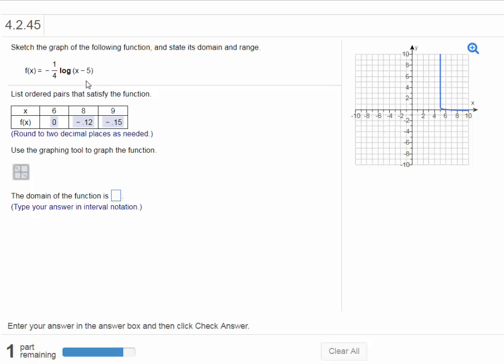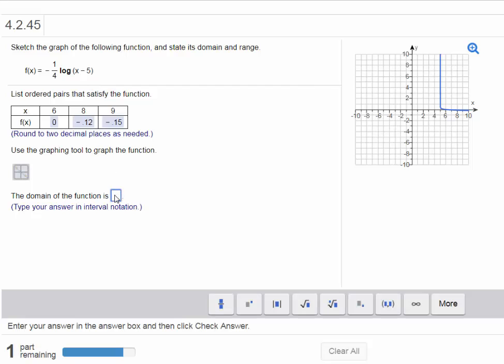So x minus 5 greater than 0 and then solve for x, I would get x needs to be greater than 5. Another way to write that would be the open interval from 5 to infinity. All right, let's check that.